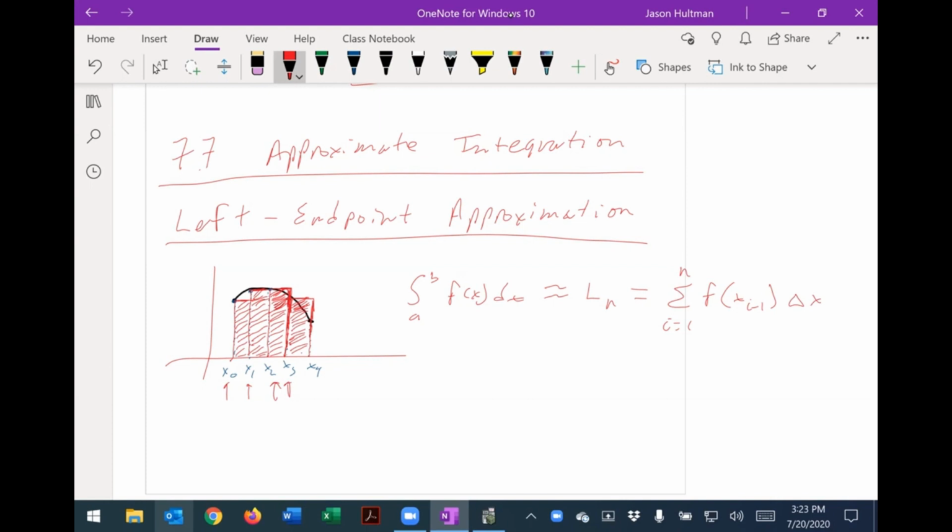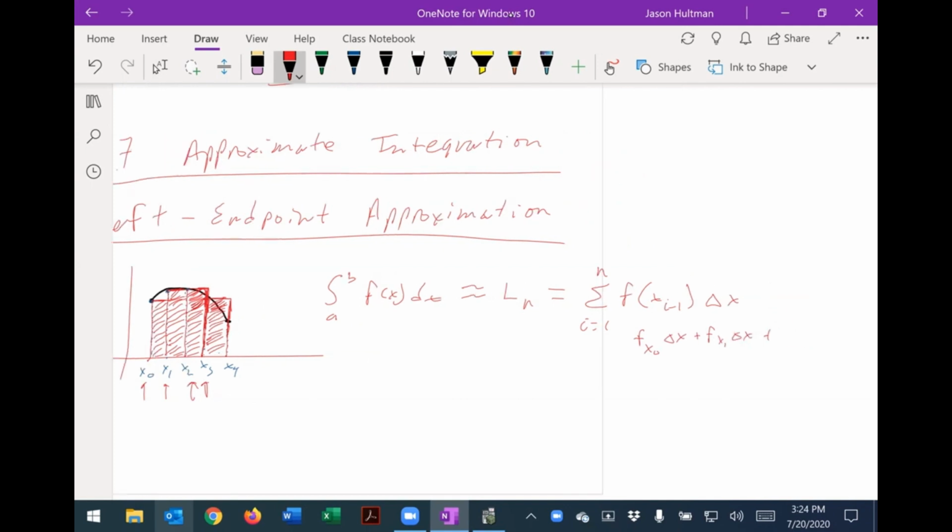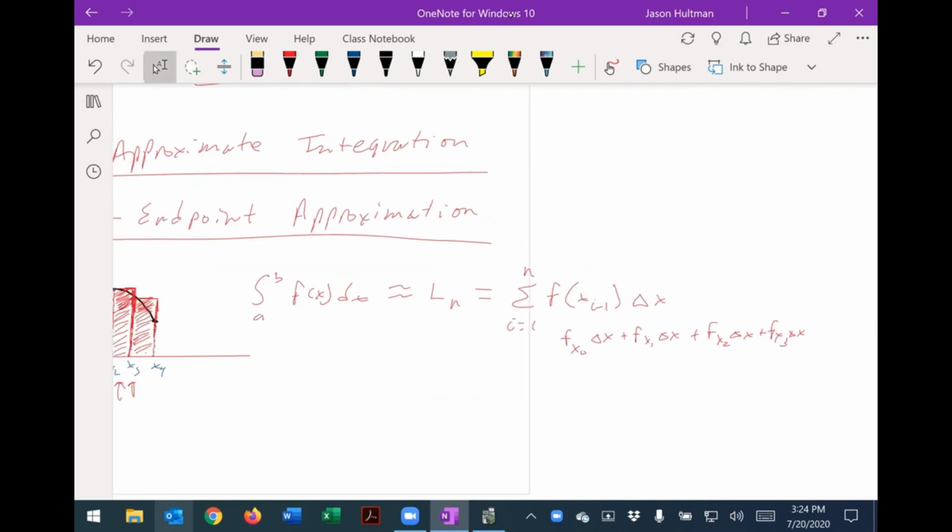And then if we plug this in, this becomes f of x0 times delta x plus f of x1 times delta x plus f of x2 delta x plus f of x3 delta x, right? Because we go from 1 to 4, in this case, because we only had four rectangles.